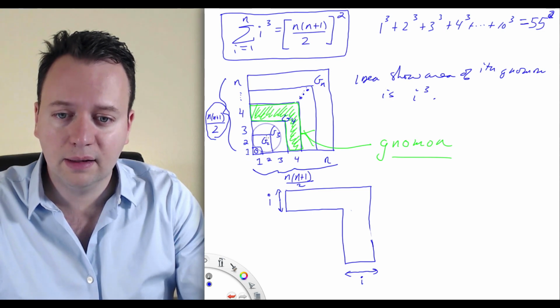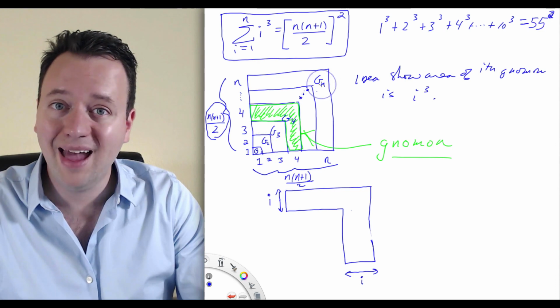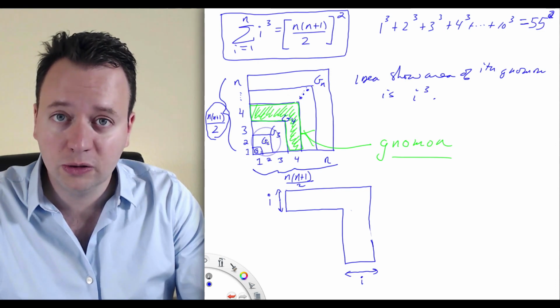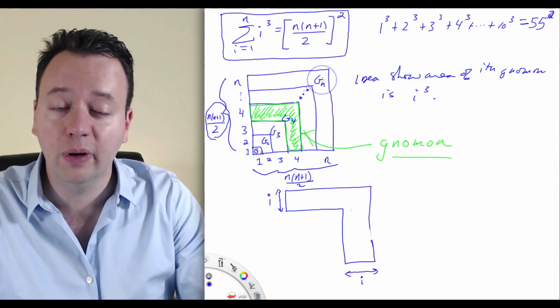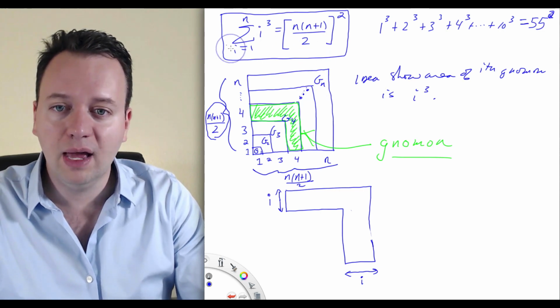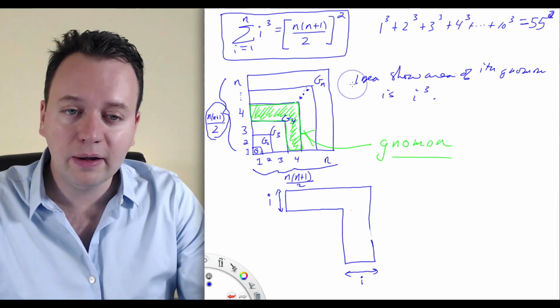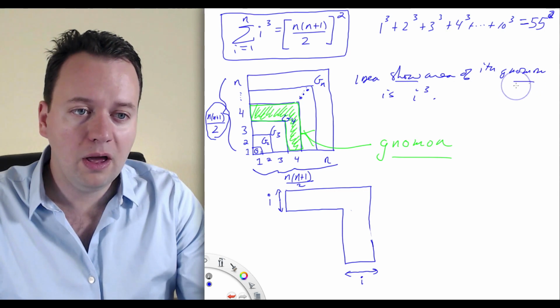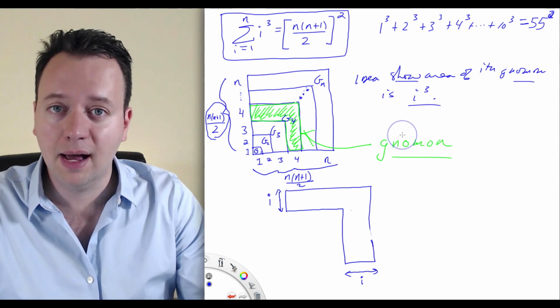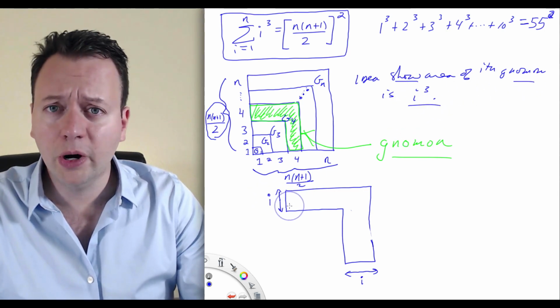And since the area of the ith gnomon is i cubed, that area has to equal 1 cubed plus 2 cubed plus 3 cubed plus 4 cubed all the way up to plus n cubed. So we get the formula being true, as long as we can show that the area of G sub i is i cubed.